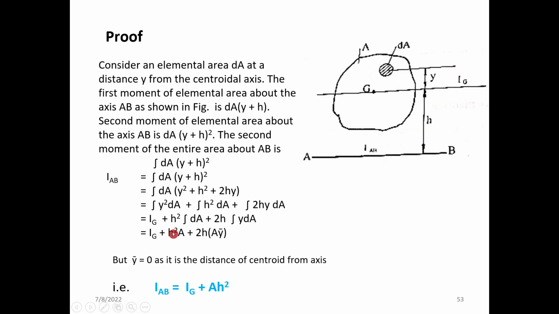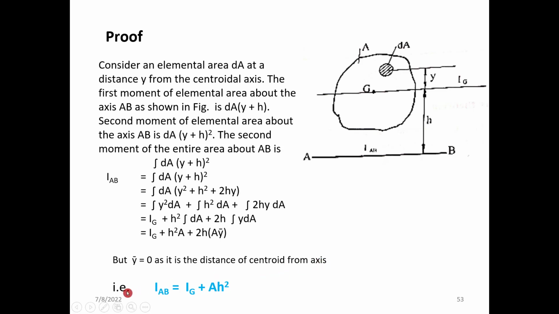So we have h square times the integral of dA, which is A, plus 2h into A into y bar, right? But y bar is equal to 0, as it is the distance of the centroid from the axis.